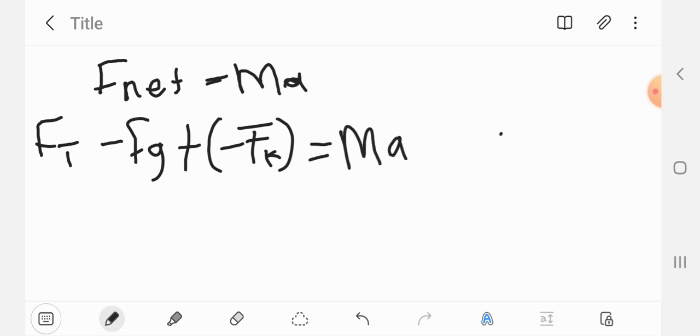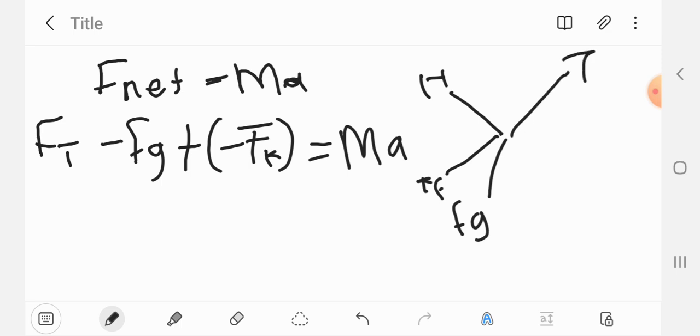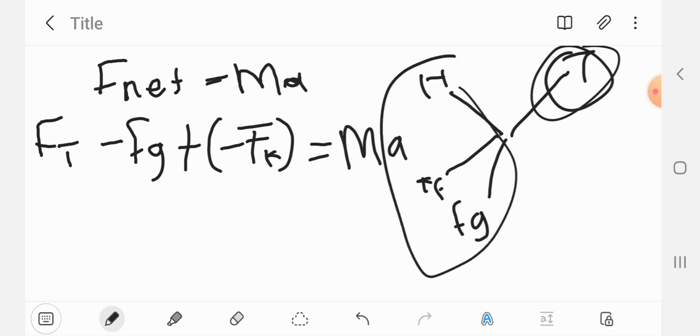Remember guys, we had the normal, the kinetic friction, the gravitational force, and then we had tension. So tension is on the right, we say it is positive, and these ones are negative.